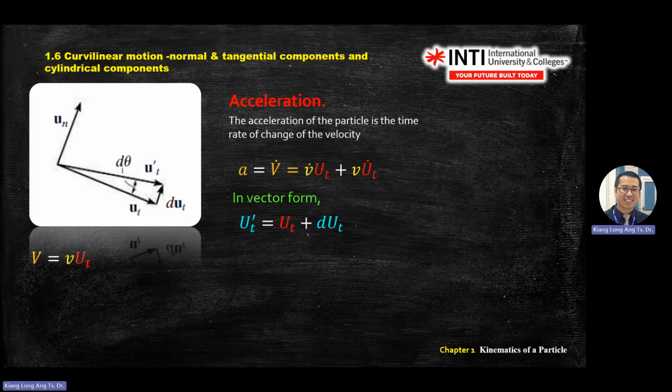So the resultant vector form will be u prime with this one. This one will equal this vector plus this vector. How do you know it is this form?